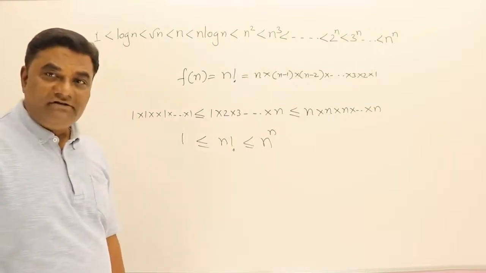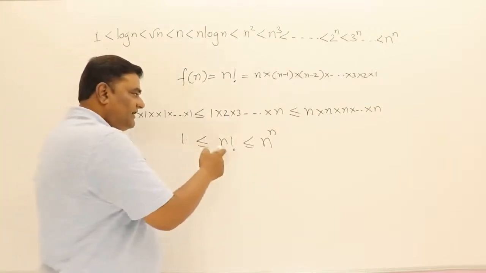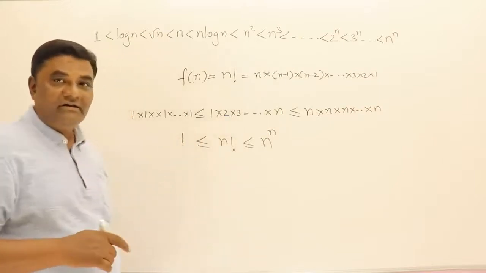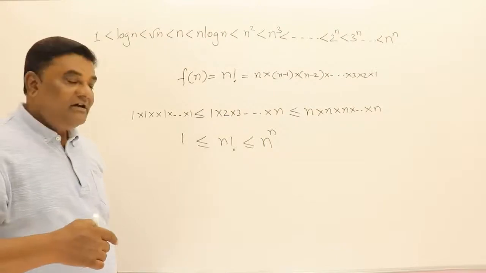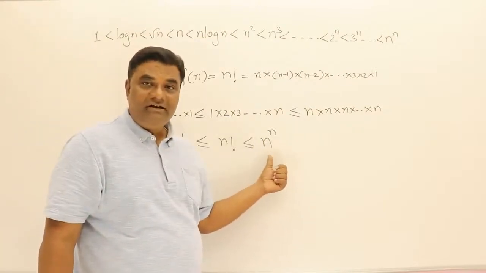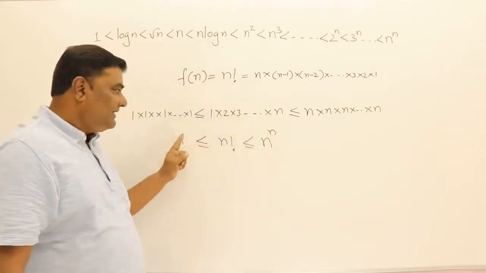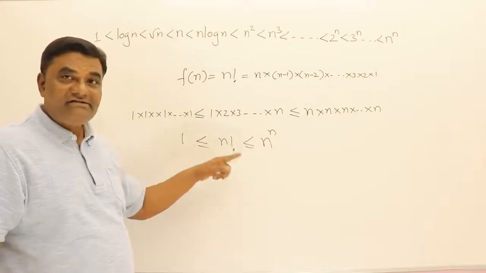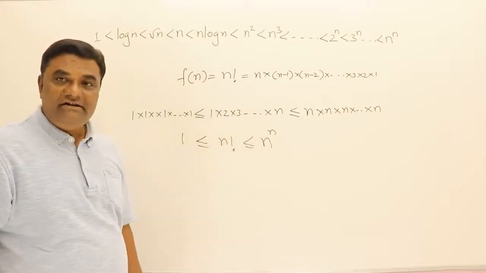Now for n factorial, I don't have any smaller value here, and I have to take it as 1. And if I take a larger value, it is n power n. The upper bound is n power n. And on both sides, I am not getting the same thing. If I get the same thing, then I can take it as theta.